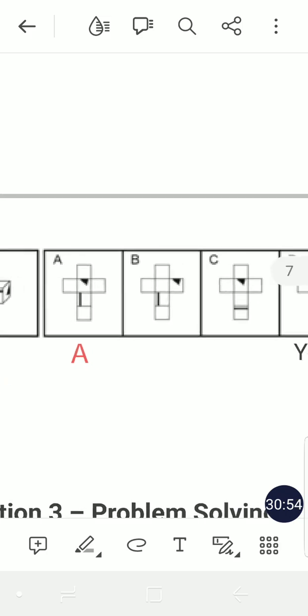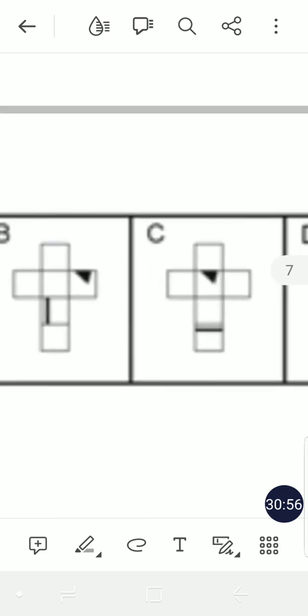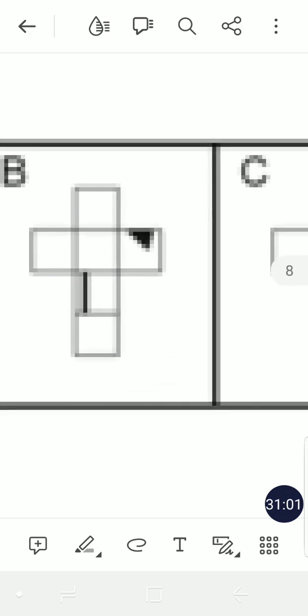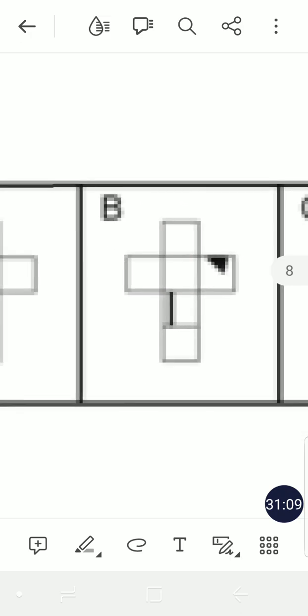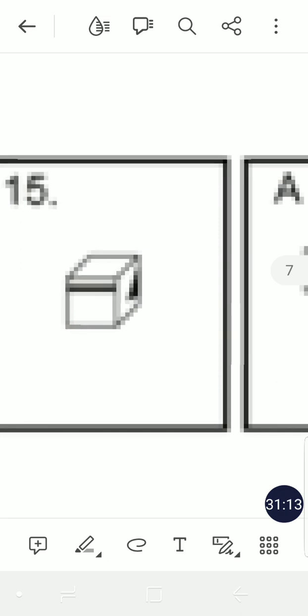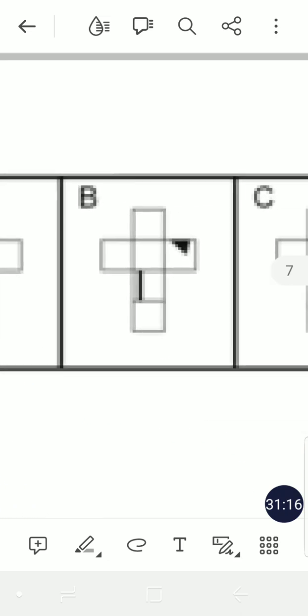Okay, so we look at the choices here. We see that B is eliminated right away, because if you fold the faces, they're away from each other instead of right beside each other like here in the question. So B is eliminated.